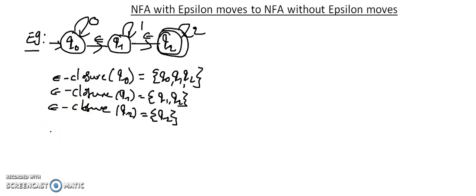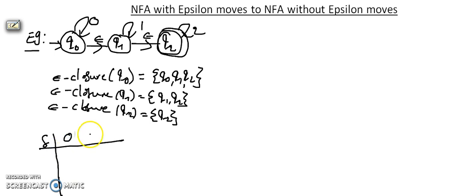Now we have to draw the state table for this NFA with epsilon moves. It is same as the NFA without epsilon moves table, so the extra one is we are including epsilon. This is delta.